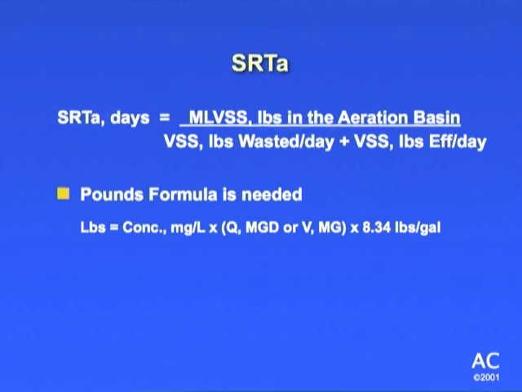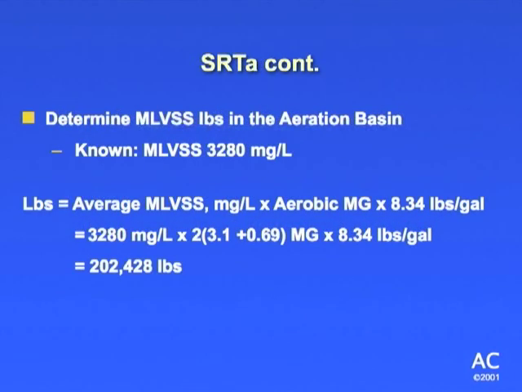That's the magic formula. The SRT-A, so you're going to determine your MLVSS in your aeration basin or your aerobic zone. Let's say it's 3,280 milligrams per liter. Your average MLVSS would basically be your MLVSS, 3,280.